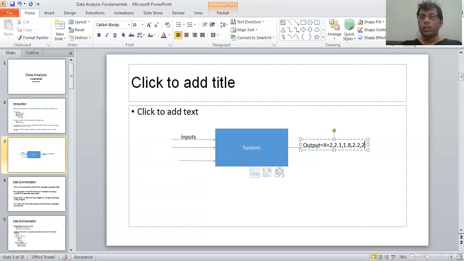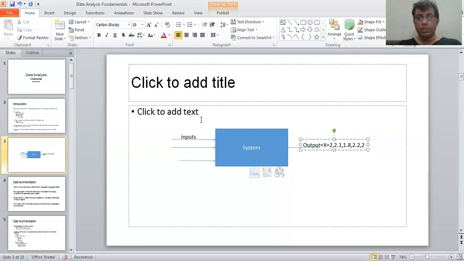Now, if anybody asks me what the output of your system is, would I be able to answer this question? No, because it is giving me different outputs at different instances of time. This is where the problem starts, that we do not know how to give the output of the system.